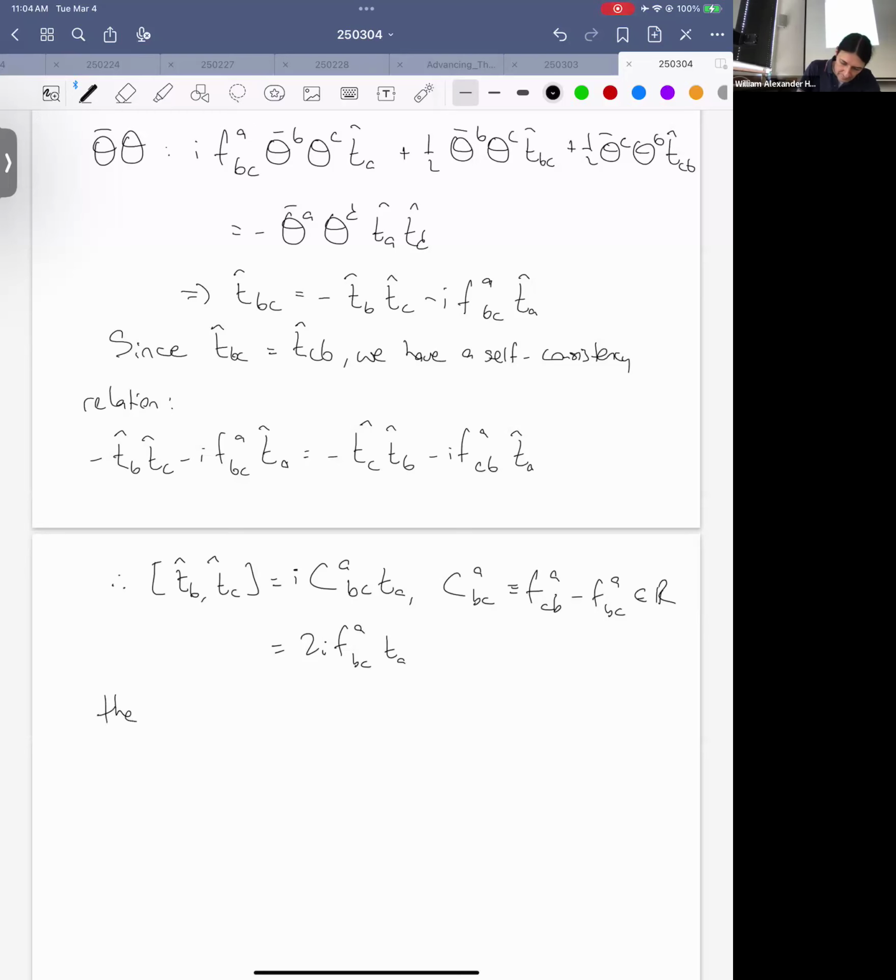And the CABC are known as the structure constants of the group. And the claim is that one can prove that locally you can fully generate the entire group just from the knowledge of the structure constants.